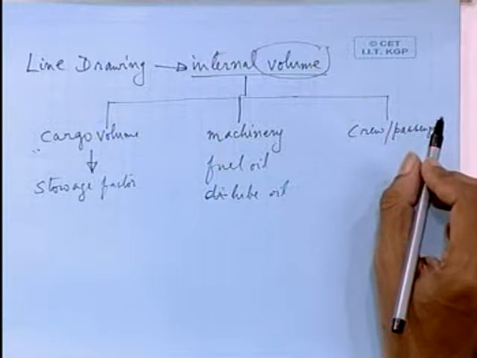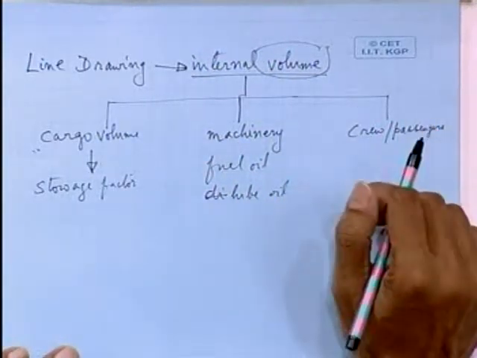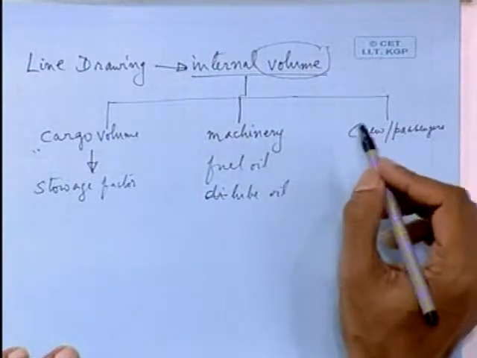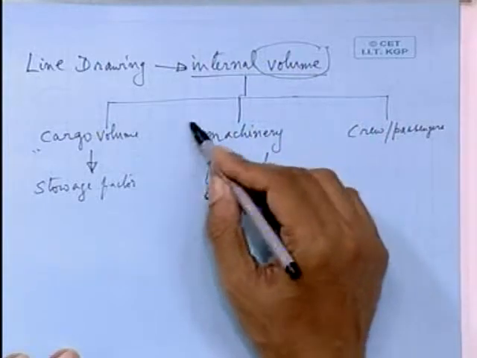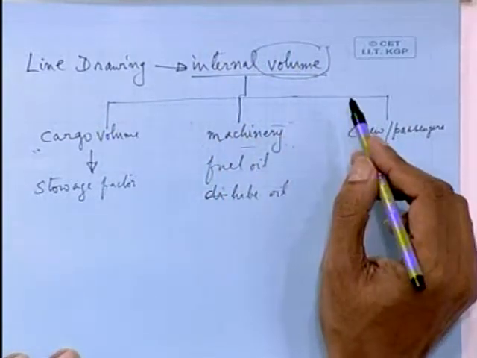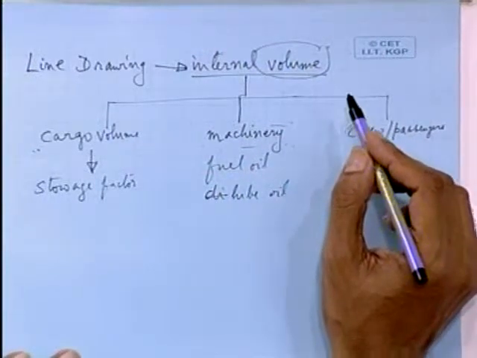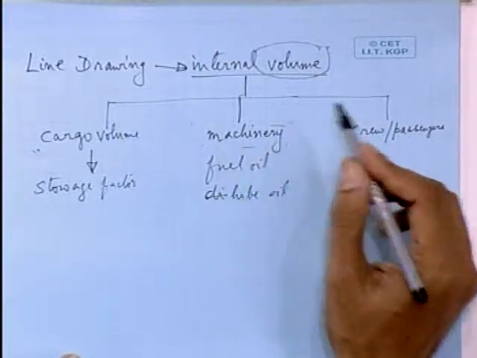And from the initial design which he has gathered from your basic ship, he knows what machinery is likely to go on board the ship. And from that, he can calculate the machinery volume, that is your main engine, your auxiliary engine, your generator. This normally will come from the basic ship.